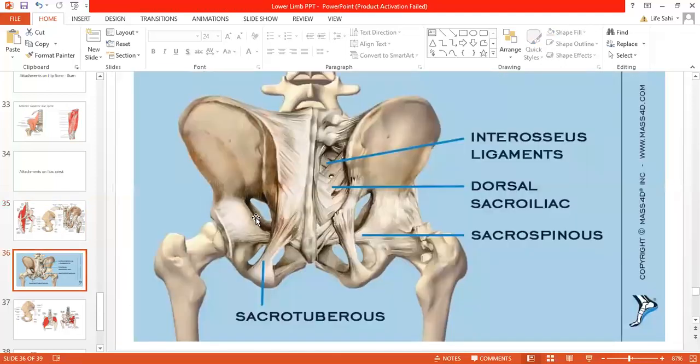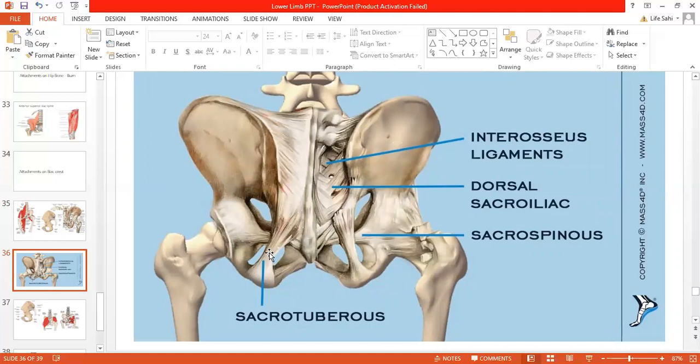I have another diagram to show you in order to clarify the positions or attachments of the dorsal sacroiliac ligament and interosseous ligament. So you can see this is the dorsal aspect, the posterior aspect of the pelvis, right? These are the outer surfaces of the ilium.